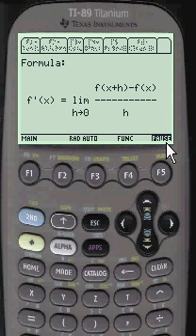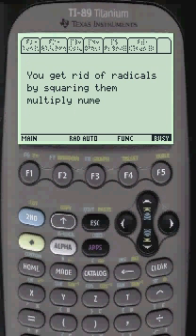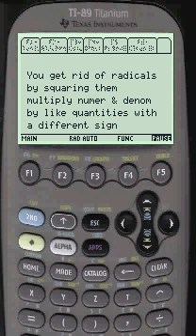It's busy loading the program. And we're entering x plus h for every one of these x's in the function, all over h. We get rid of the radicals by squaring them.